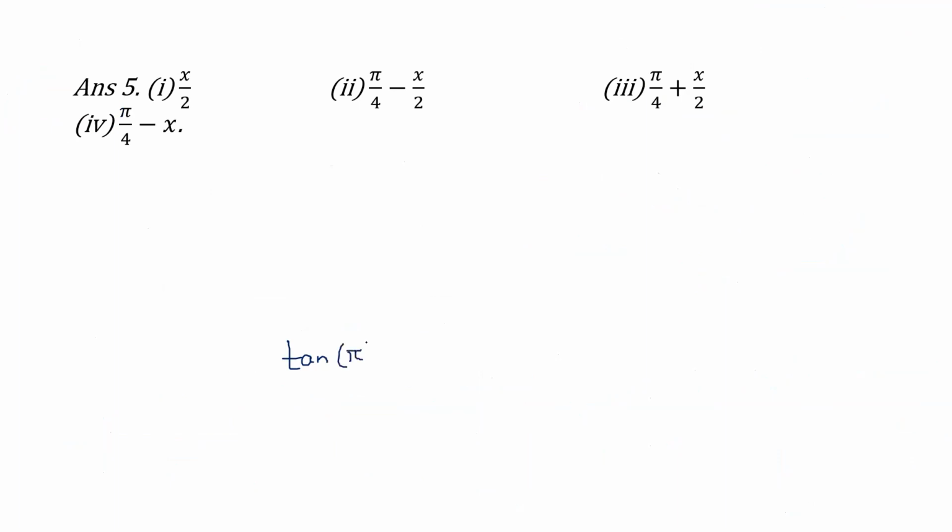Abdul, what are you saying, tan pi by 4 minus x? Yes, sir. So what is the formula for that? Is it tan A minus tan B by 1 plus tan A tan B? Yes. Okay, so it is tan pi by 4 minus tan x by 1 plus tan pi by 4 into tan x.